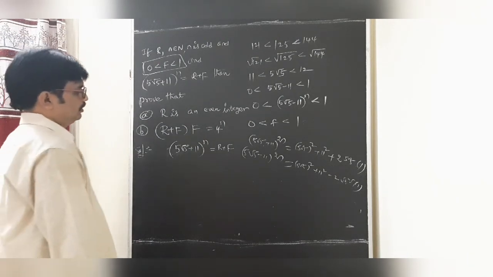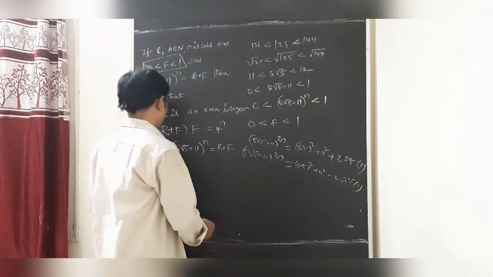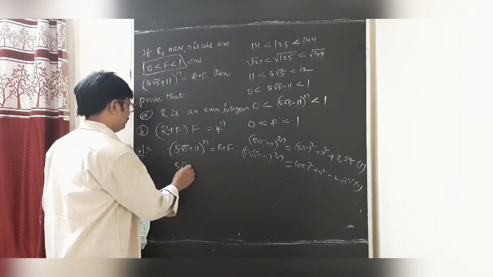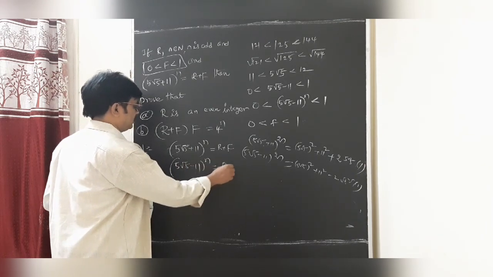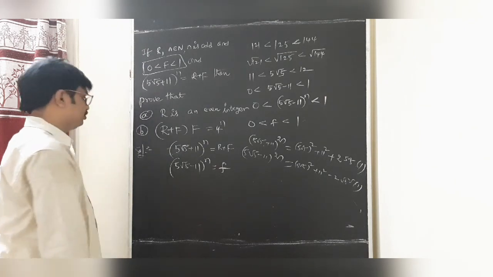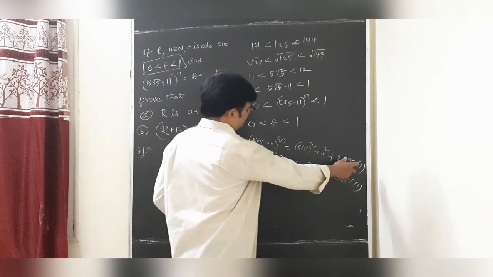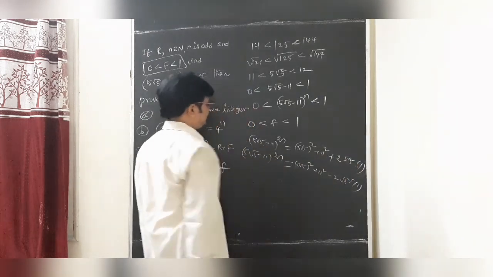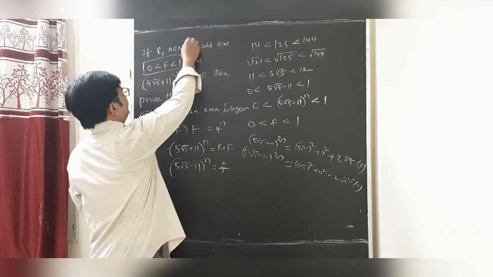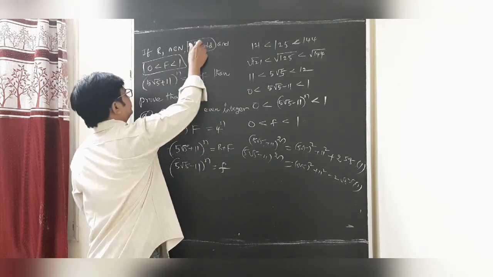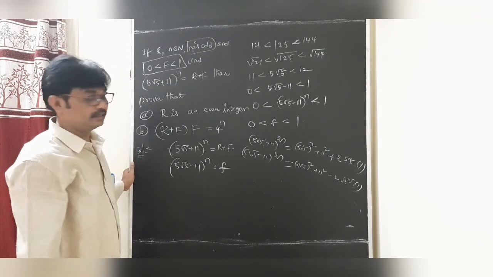My dear students, one more observation: when we are adding, then here 5√5 minus 11 whole power n we are taking as the small f. When you take the sum, these two are cancelled, these are integers. But all of you observed at the beginning, n is odd. What is given, students? n is odd.